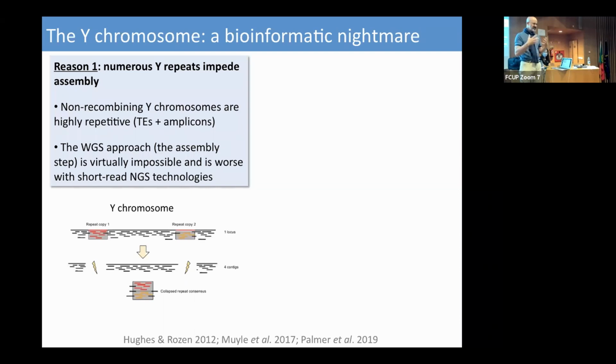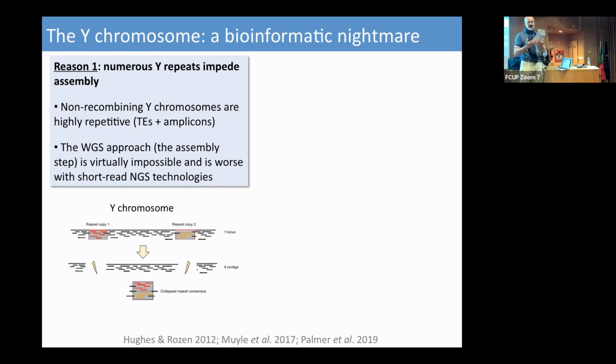And the next generation technologies give even smaller reads. Those reads are like pieces of a puzzle. Then you have to put them in the right order to reconstruct the sequence of the chromosomes, right?